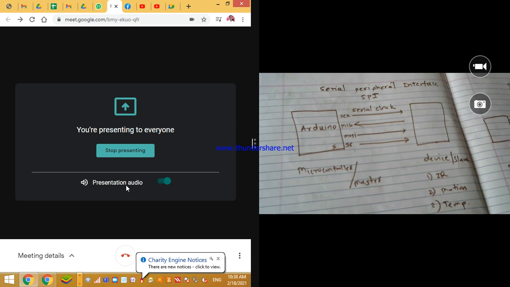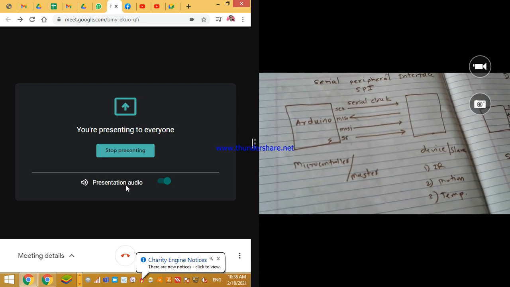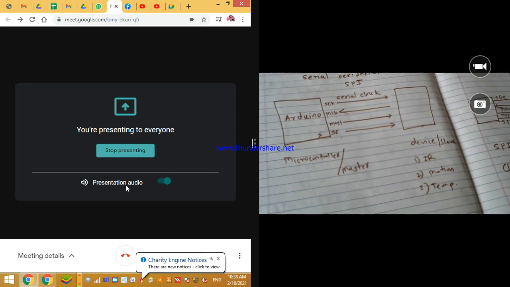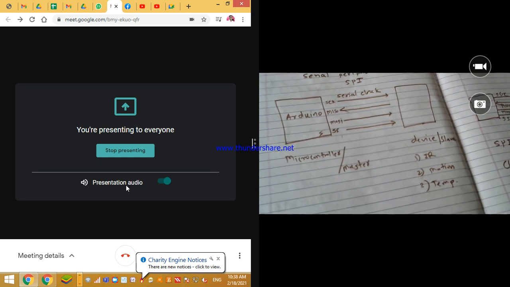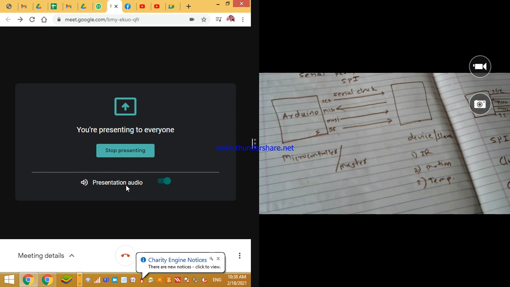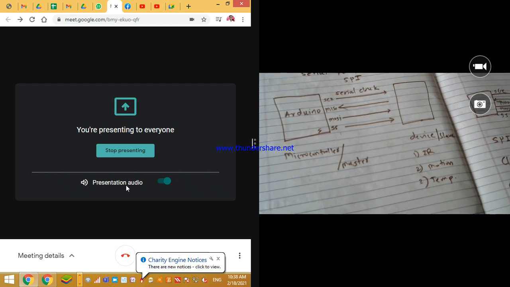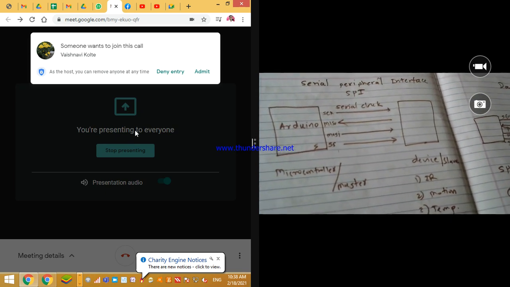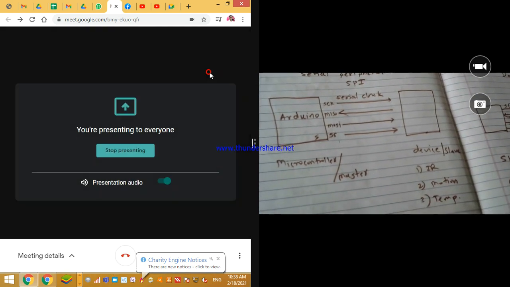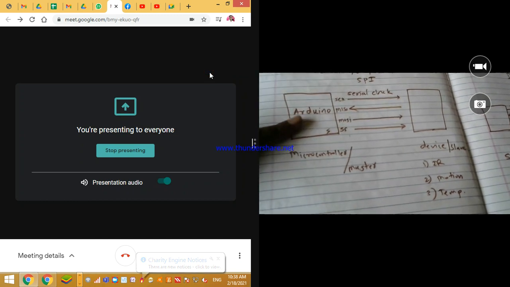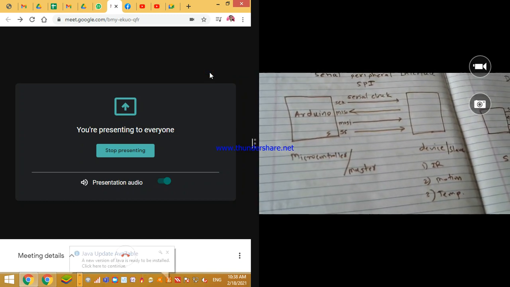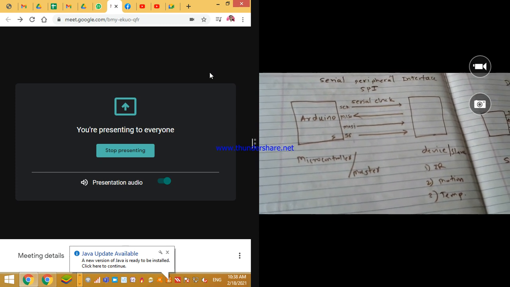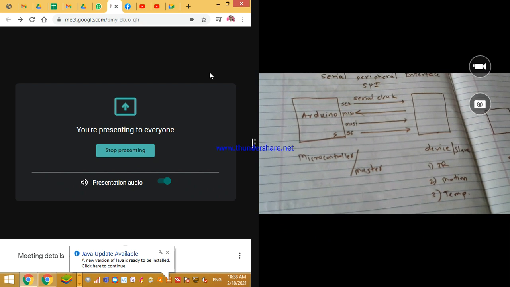In the previous lecture, we saw I2C, that is inter-integrated circuit. In the I2C serial protocol, there are many masters and many slaves, and we can connect and transmit the data between them. But over here in SPI, only one master is there, and we can connect multiple slaves to this master. So this is the basic difference between SPI and I2C.